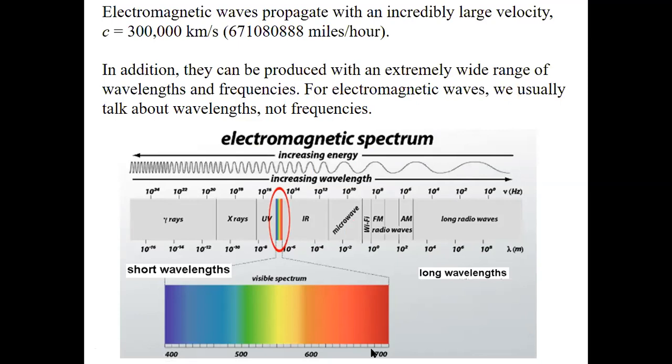As I mentioned, high wavelength means low frequency, and low wavelength means high frequency. High frequency means high energy. So blue light contains more energy than red light. We feel like red is dangerous, but blue is the dangerous one.